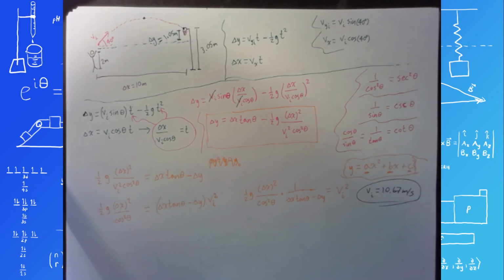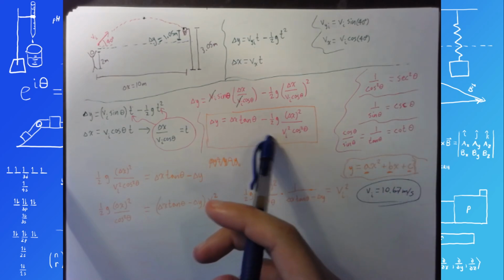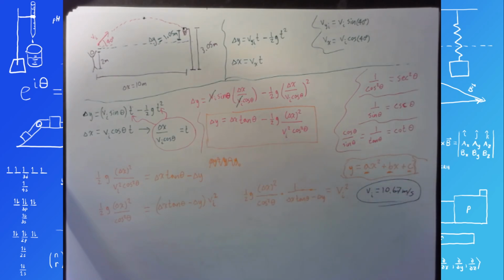So anytime you see a problem that gives you delta x and delta y, start mentally preparing, because you might end up having to do this. Okay.